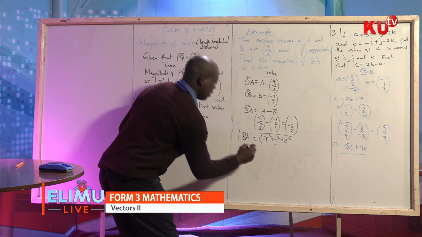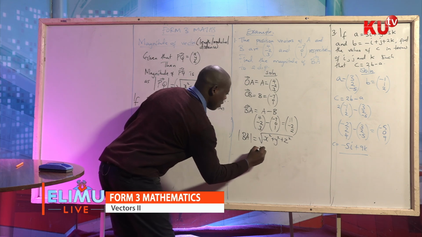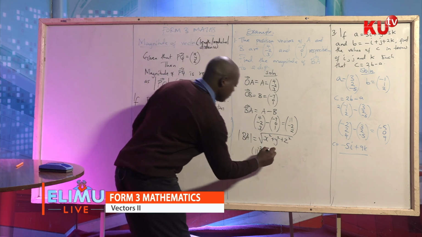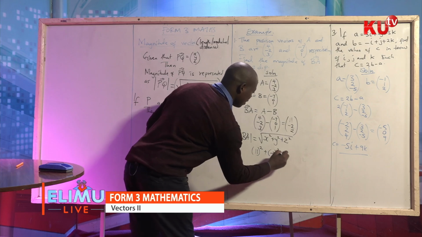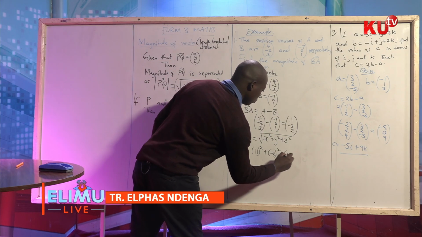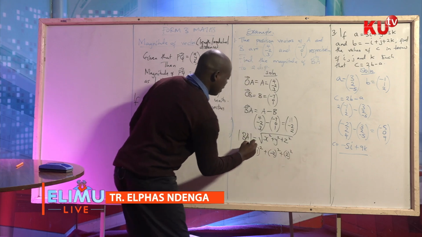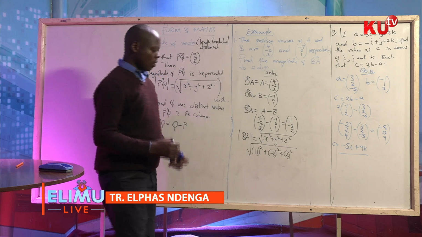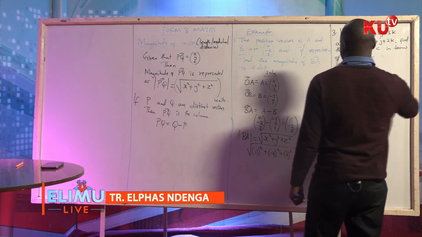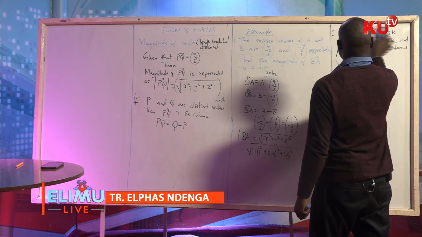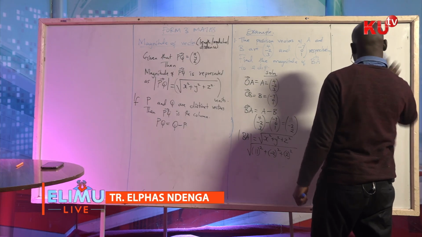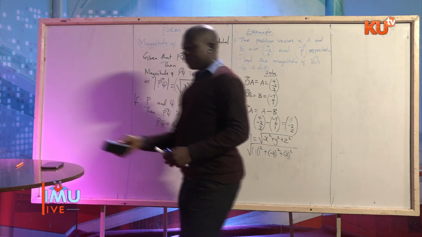X squared, that is 11 squared. Y squared, that will be negative 2 squared. Z squared, that will be 2 squared. Then we find the square root.